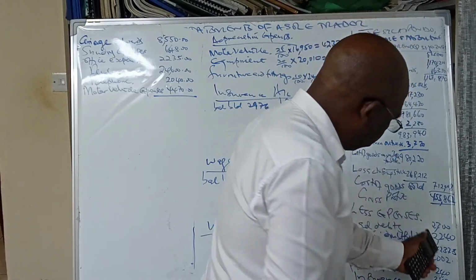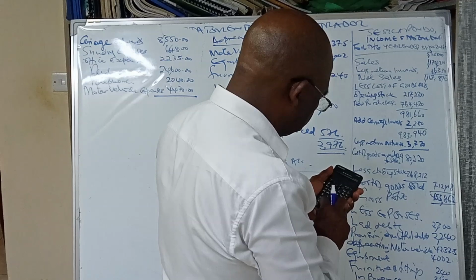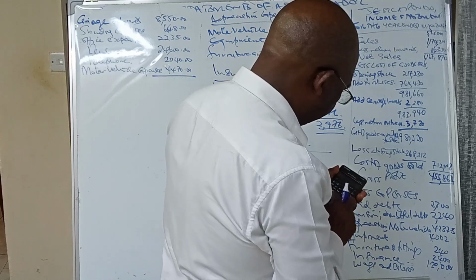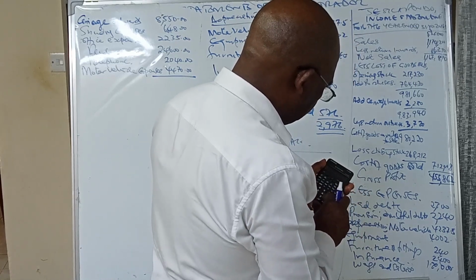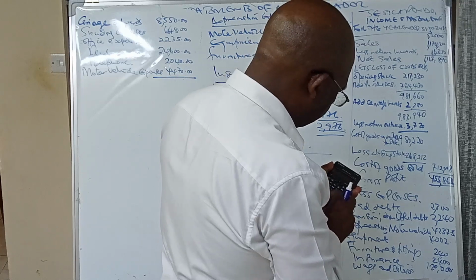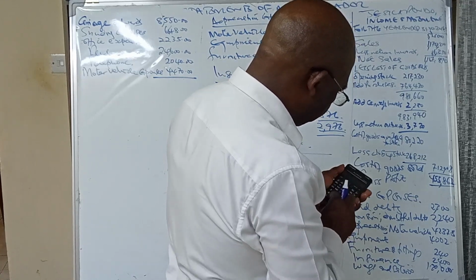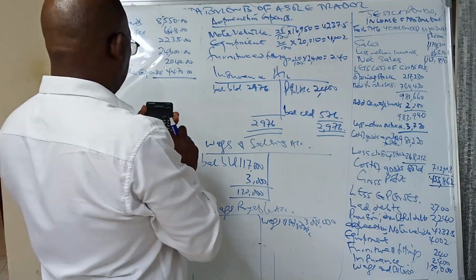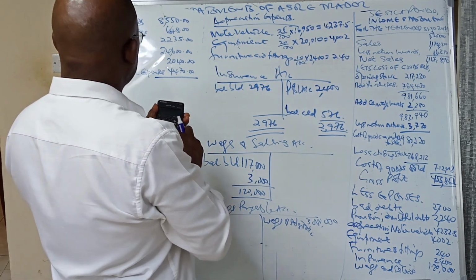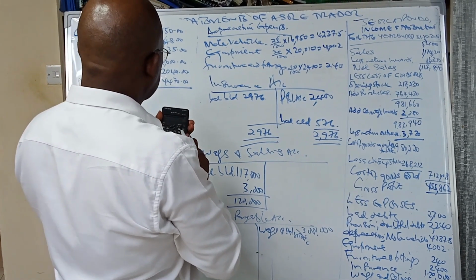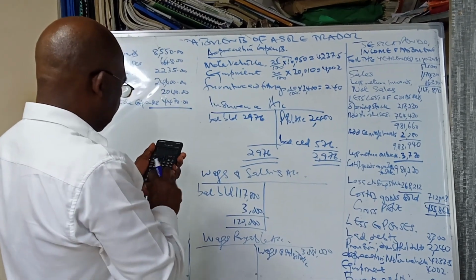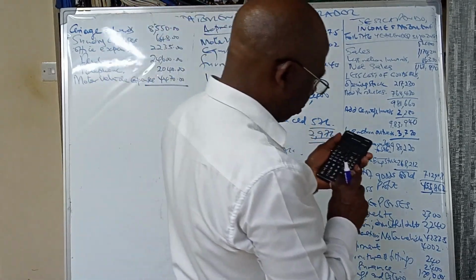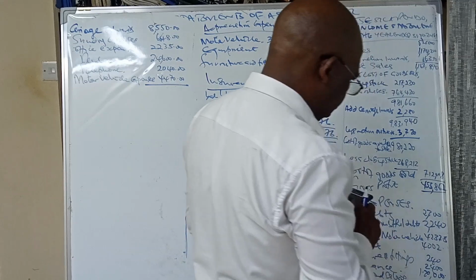2300 plus 2240 plus 4237.5 plus 4002 plus 240 plus 2400 plus 123 plus 8550 plus 648 plus 2235 plus 24,600 plus 2040 plus 4470 plus 4470.